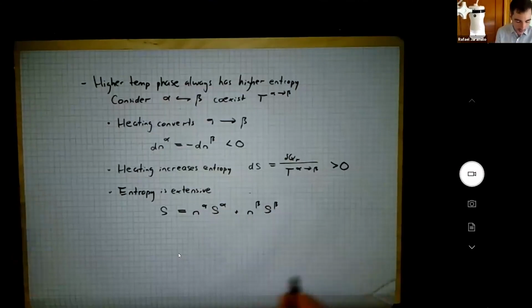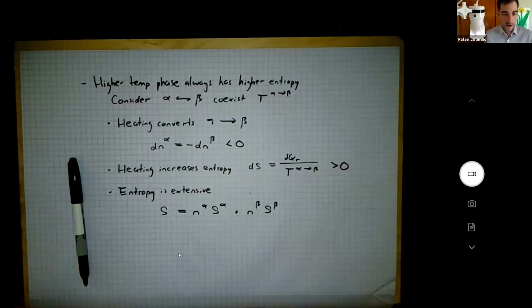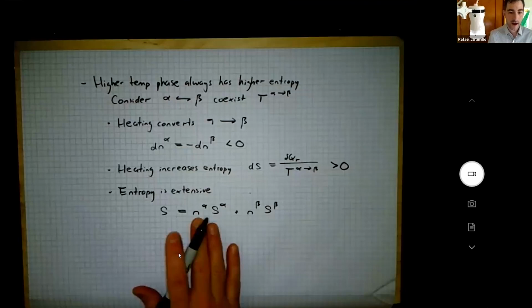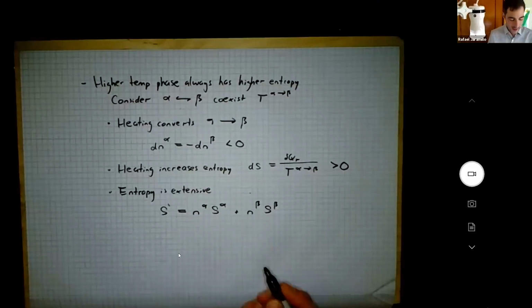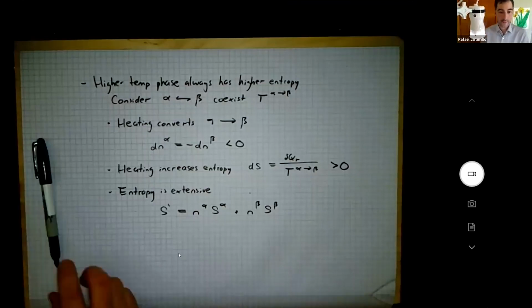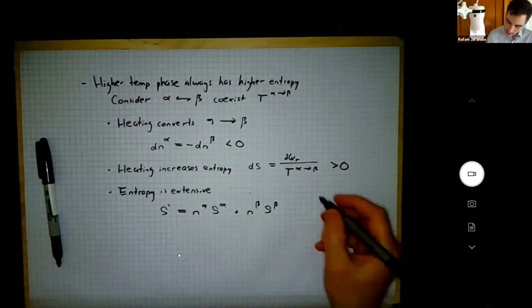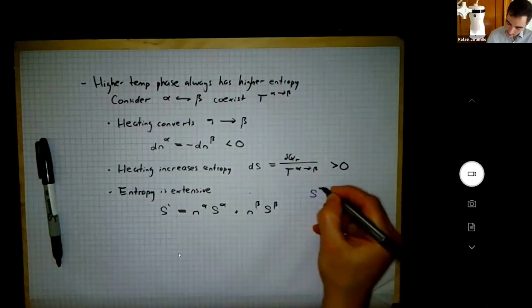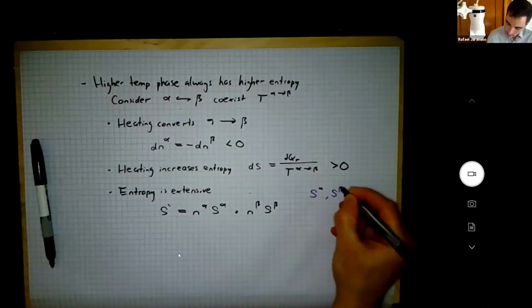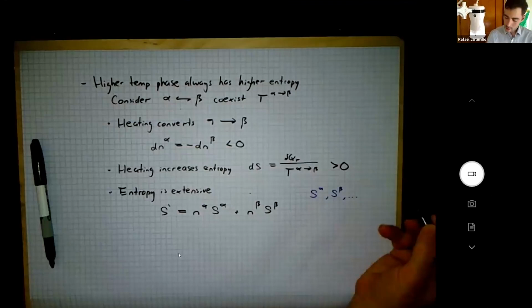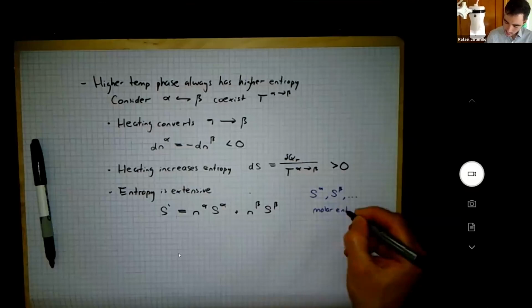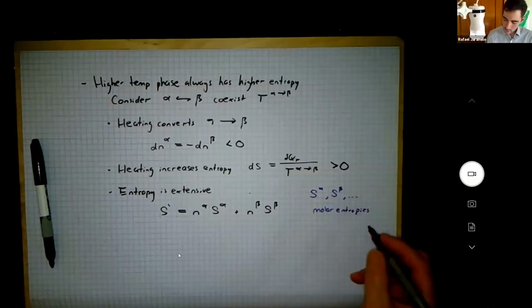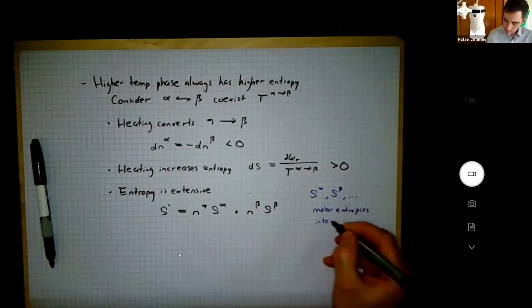And right around here, it's useful to start using different notation for extensive versus molar quantities. So I'm going to put a dash here. This is consistent with the textbook. Quantities like S of alpha or S of beta are molar entropies, that is entropies per mole, which are intensive properties.